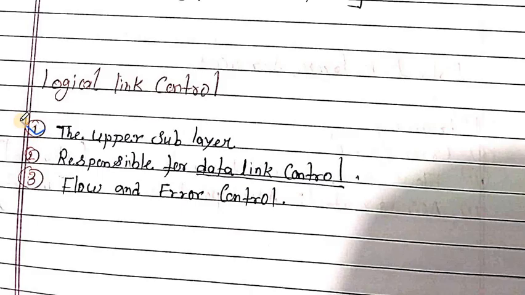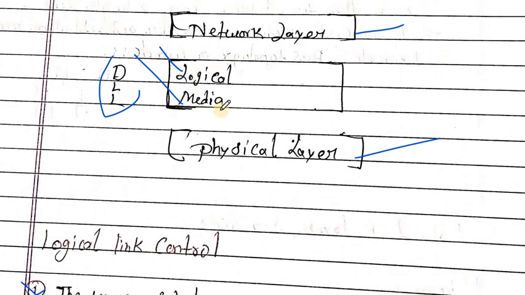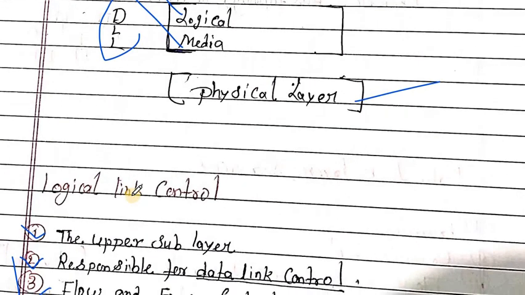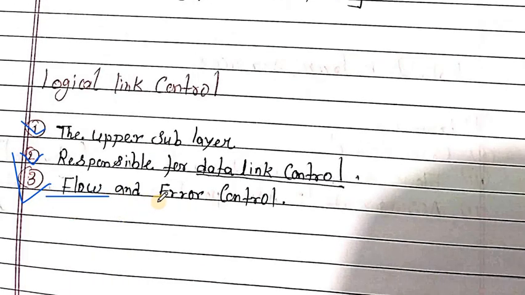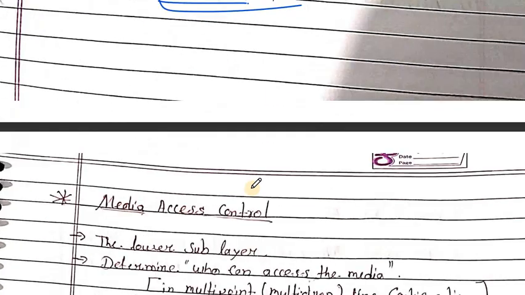It is the upper sublayer of the data link layer, responsible for data link control, flow control, and error control. We have learned flow control and error control in previous lectures.